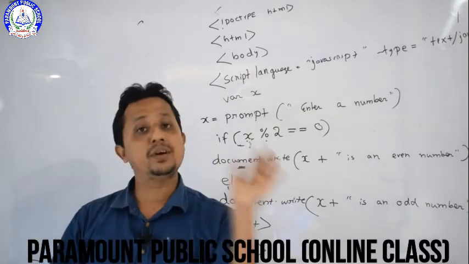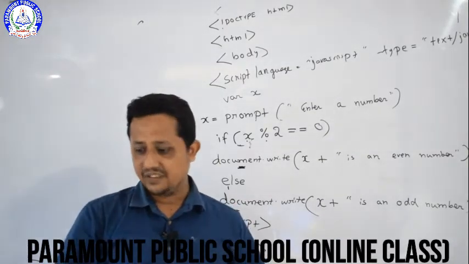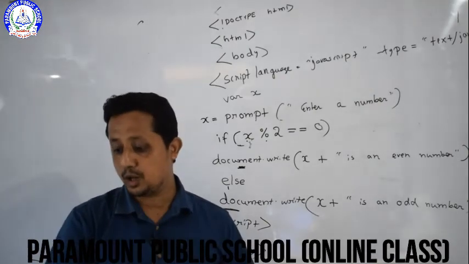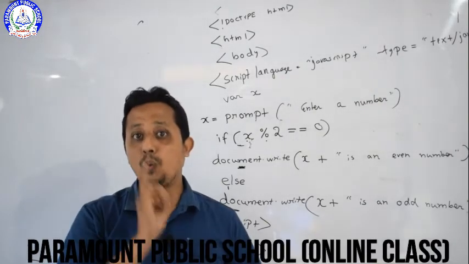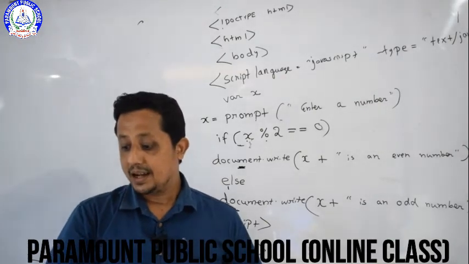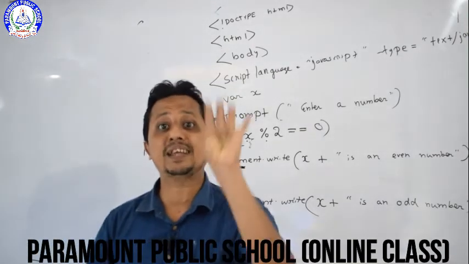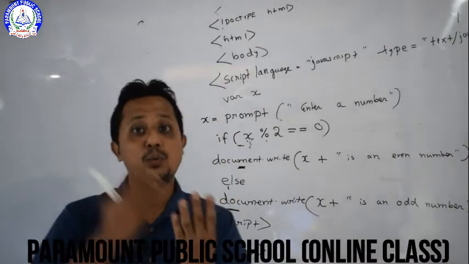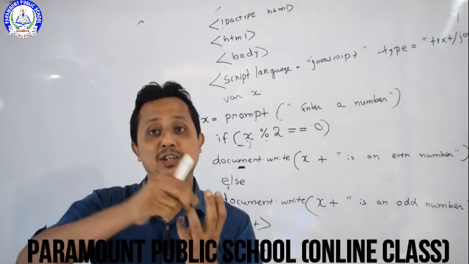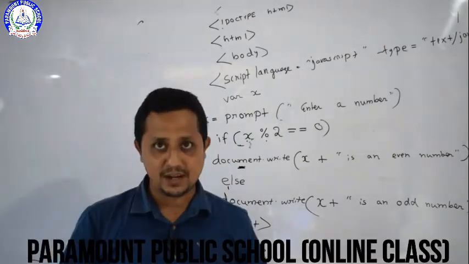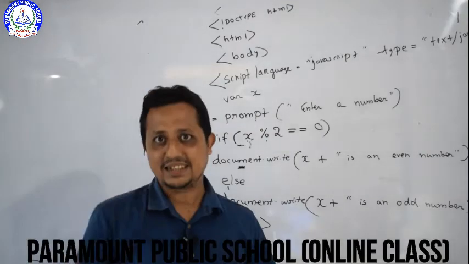You can see an example in your book, page number 122: a program to find the largest of 3 numbers. That has more than 2 alternative ways, so we use if else if.